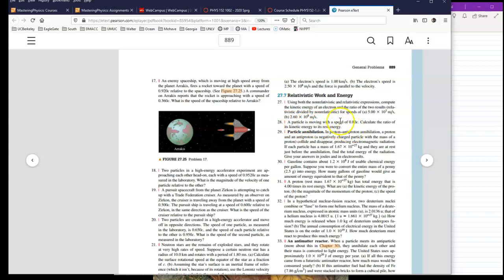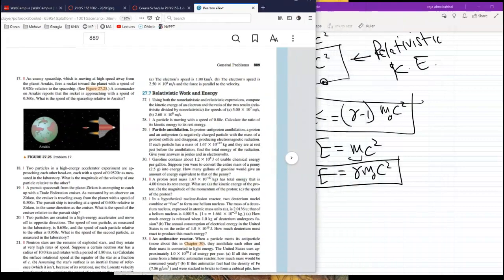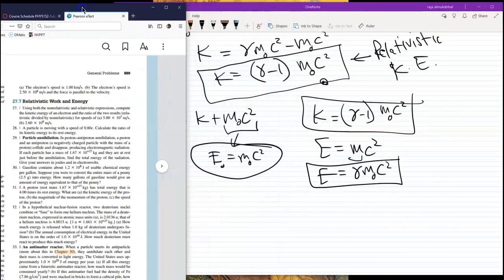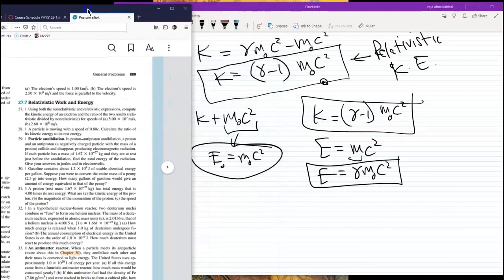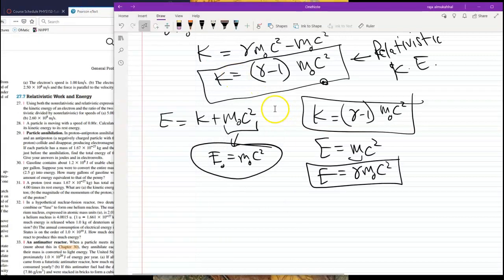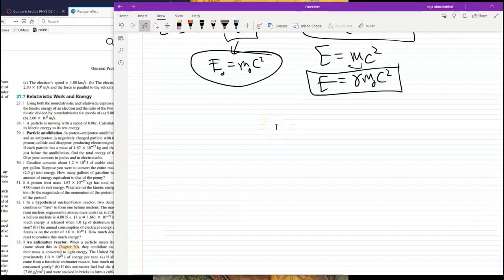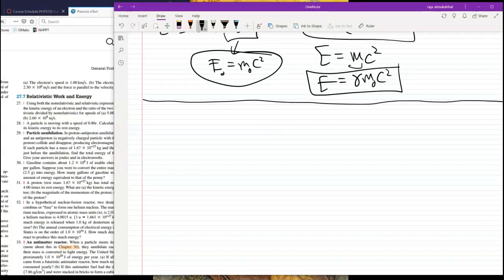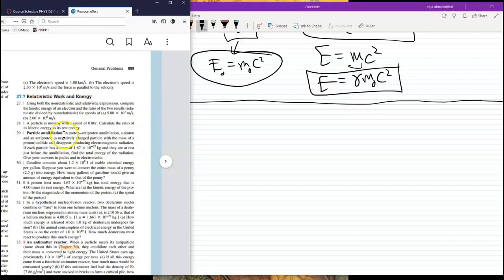Let me move this to the other side. Okay, number 28. He said, calculate the ratio of its kinetic energy to its rest energy.